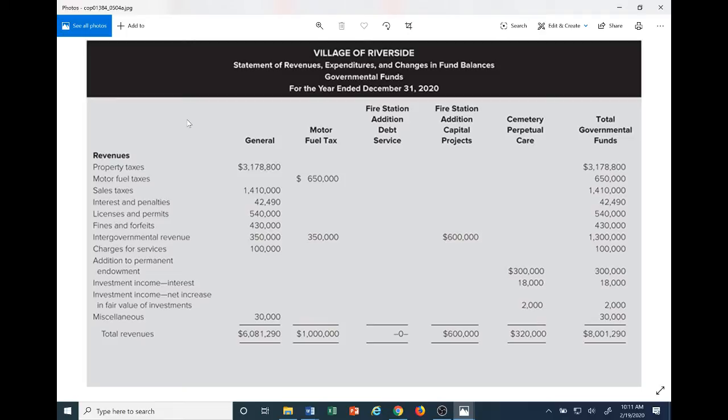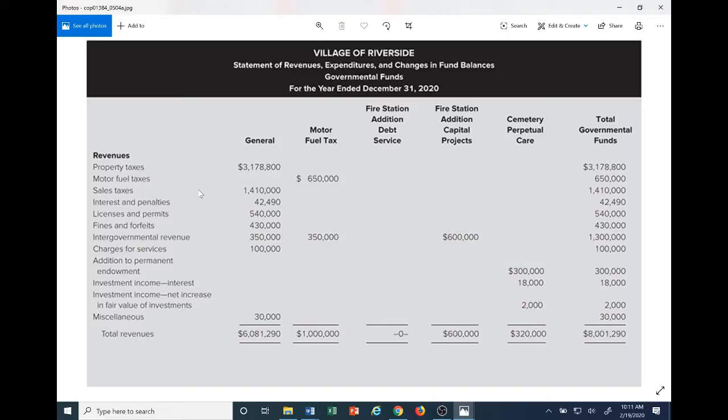As we can see here, this obviously is our statement of revenues, expenditures, and changes in fund balance for the governmental funds. First thing I want to point out is we start with revenues, right? And then we get to our expenditures next. Revenues are by source, right? We want to know where the money is coming from, so we can see property taxes as a source, motor fuel taxes, sales tax, interest, penalties, and so on and so forth.